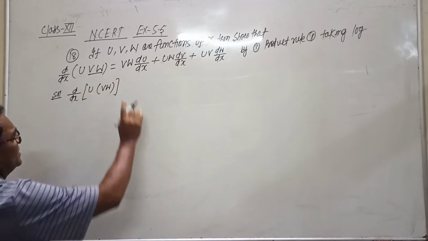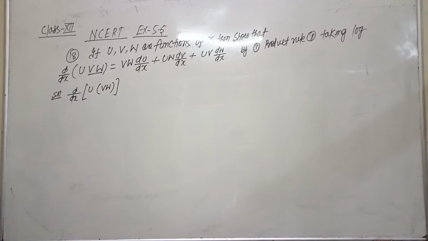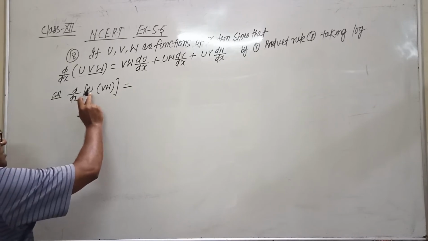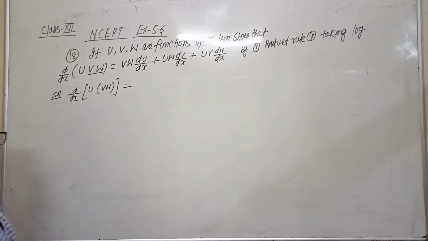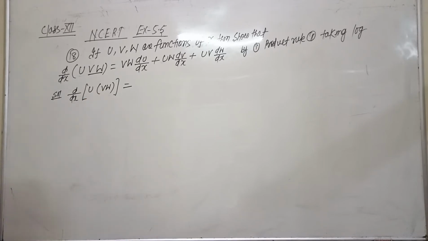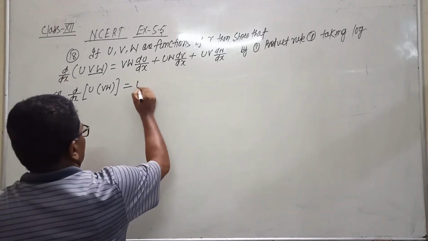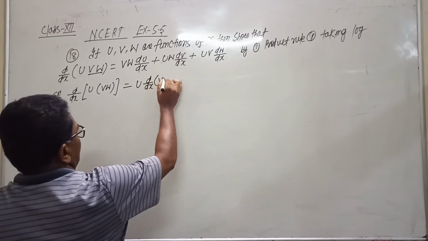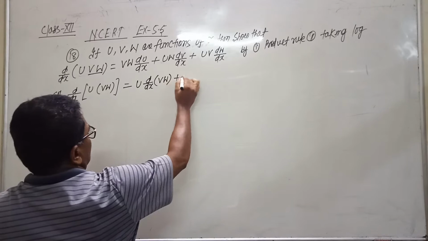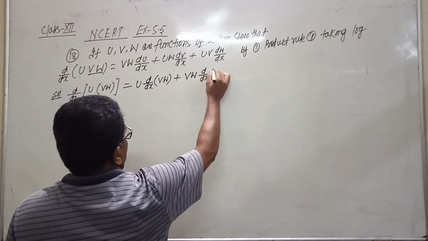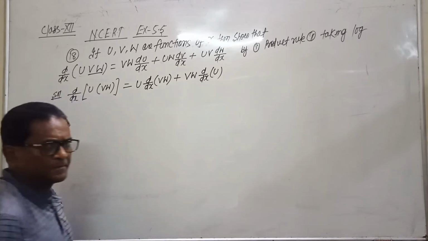We have supposed vw as a single function and use the product rule. Now we have two functions, one is u and the other is vw. So first function into differentiation of second function plus second function into differentiation of first function.